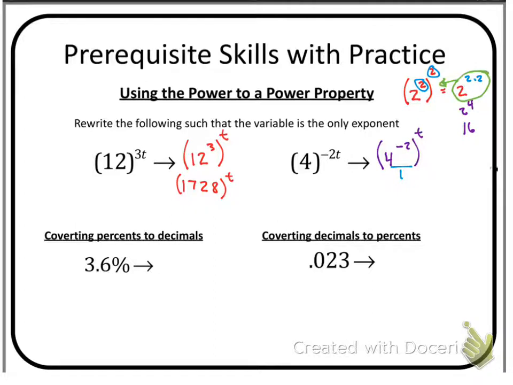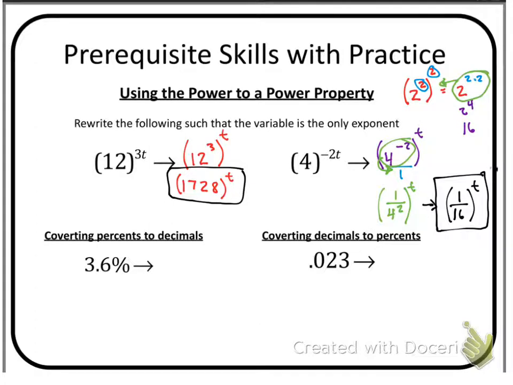So 4 to the 2nd power is going to come to the bottom, and 1 is going to go up on top. Since we moved it to the bottom, it becomes positive. And this is all raised to the t power. One last step for simplifying: 4 squared is just 4 times 4, which is 16. So this is 1 over 16 raised to the t power. Now we have t by itself, and we're satisfied with our answer there.